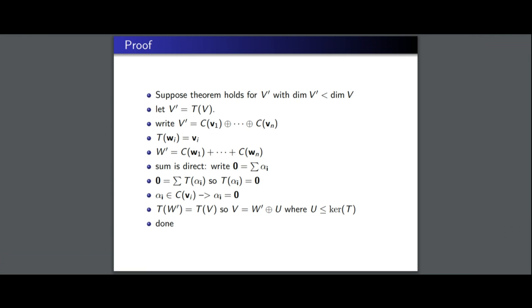So let's just suppose T of W prime equals T of V. And we want to show that V equals W prime plus U, where T of U equals 0.